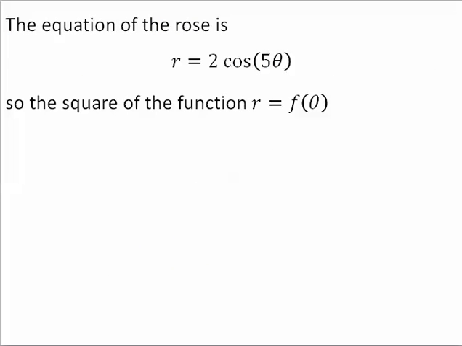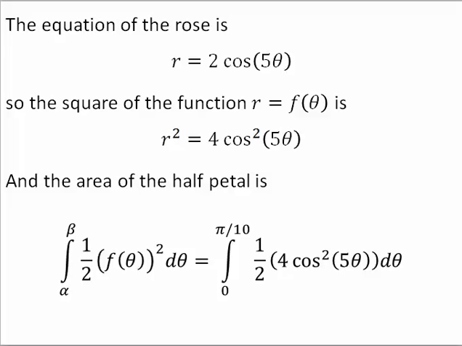The equation of the rose is r equals 2 cosine 5 theta, so the square of the function r equals f of theta would be r squared equals 4 cosine squared 5 theta. And the area of 1/2 of one petal is this integral.